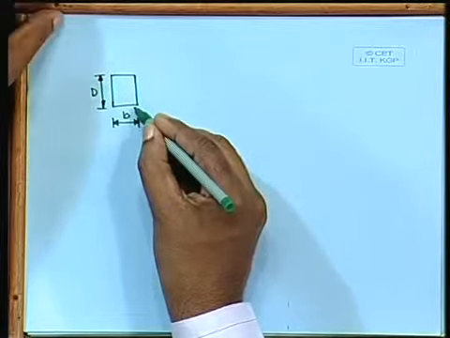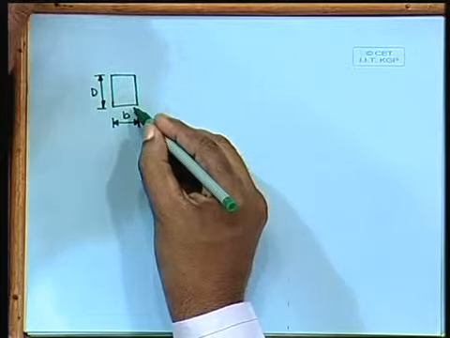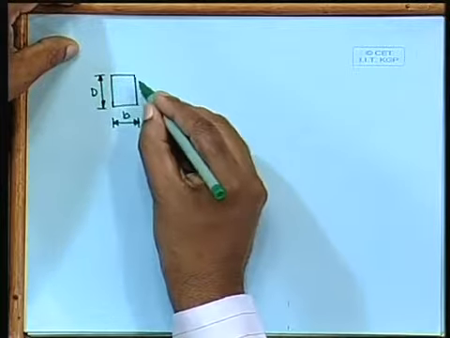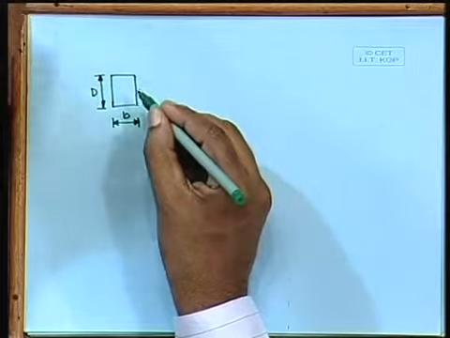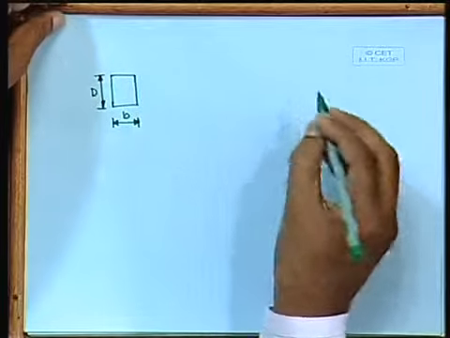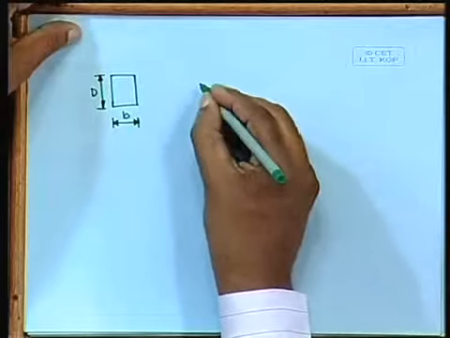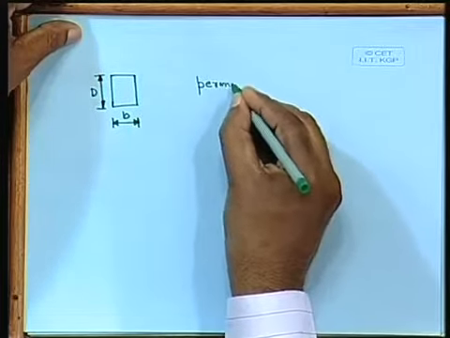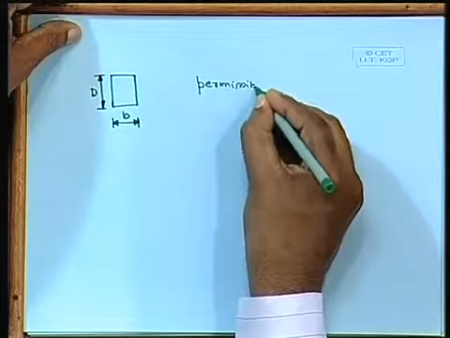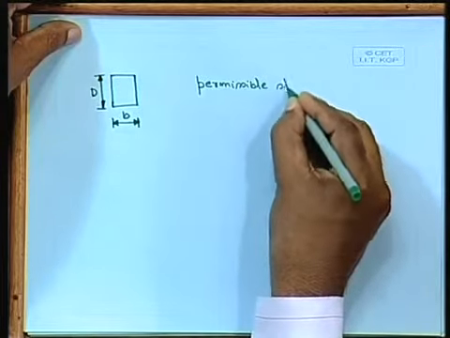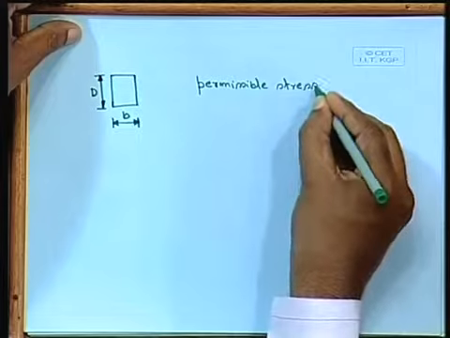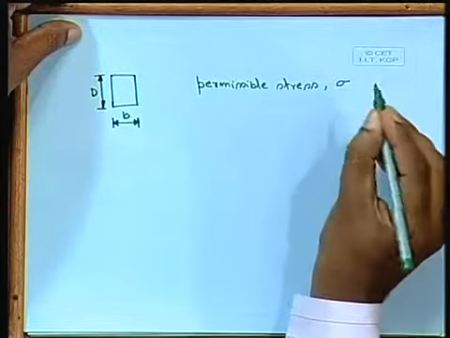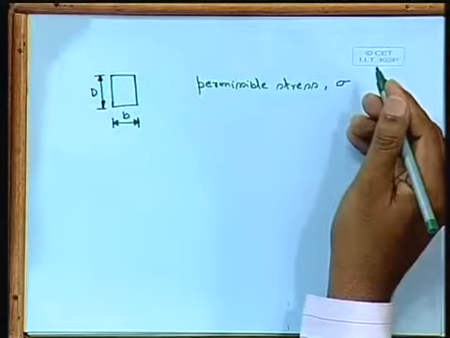We are considering a beam where the section will fail beyond a certain limit, say permissible stress sigma. That means if it is more than that, then we shall consider the section failed.